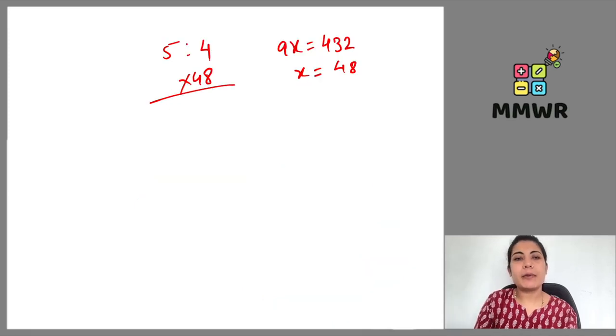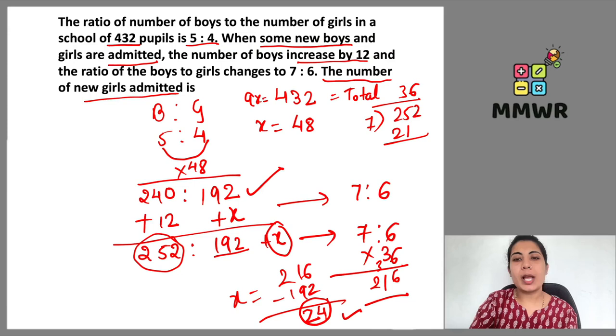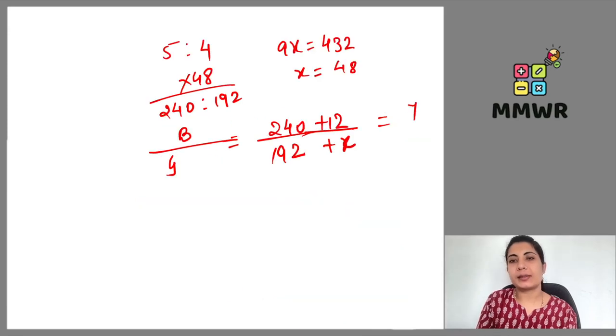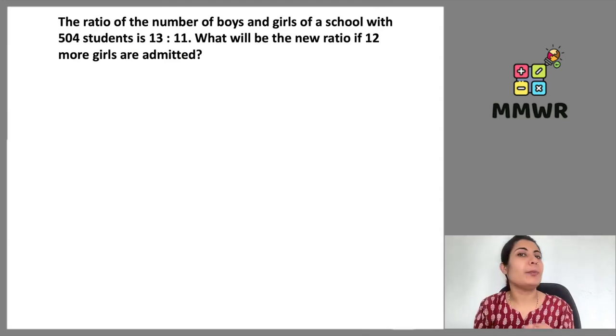Now 240 and 192 are boys to girls. Now 12 boys have joined, but how many girls have joined is missing, and the ratio has become 7 to 6. Quickly we have to simplify this to get our answer, the value of x, that means the new girls admitted to the school. Now you have to simplify this problem by yourself and give your answer in the comment box.